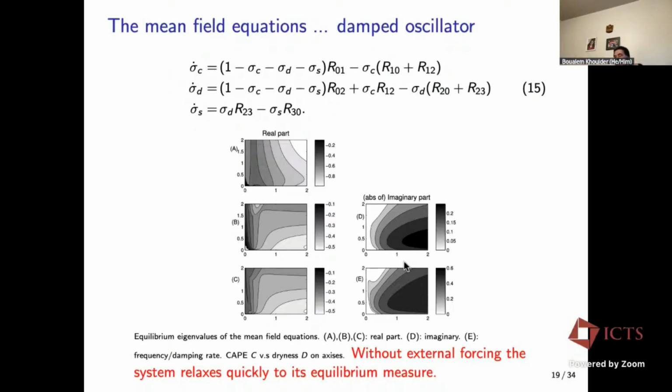That basically tells you quasi-equilibrium is impossible. And if the damping rate is much, much stronger than the oscillations, then you can think of the quasi-equilibrium as being valid.